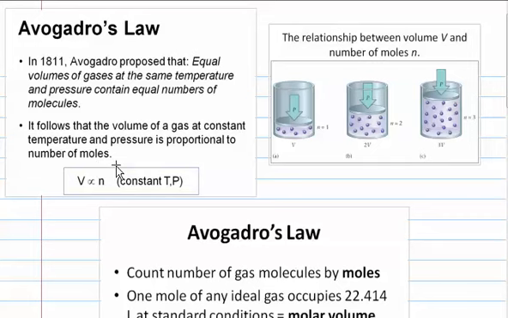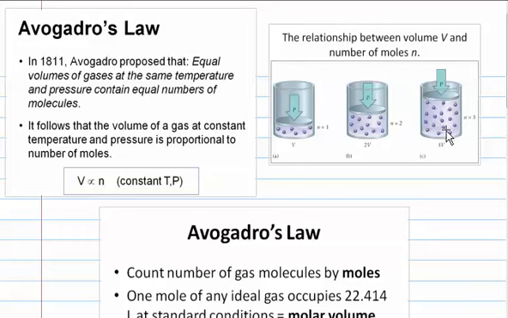Okay, and what this basically says is that if you have some sample of gas under some pressure, say it's in this piston right here, if you double the number of moles of gas, you basically double the volume of that gas. And this makes quite intuitive sense, right? You put more gas molecules inside your container, it gets bigger if it is able to expand.